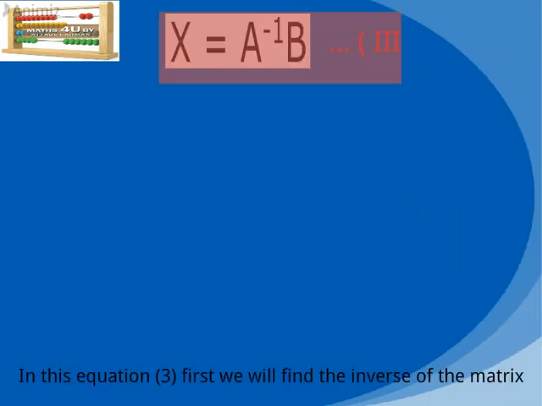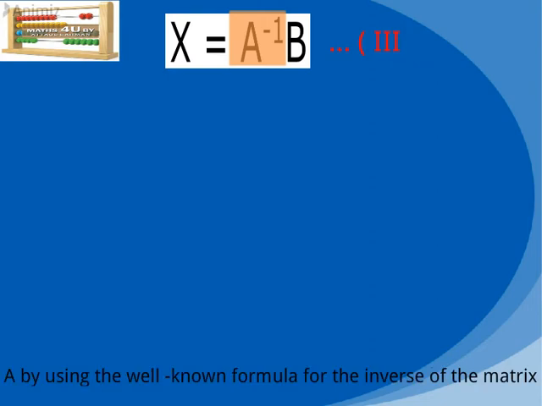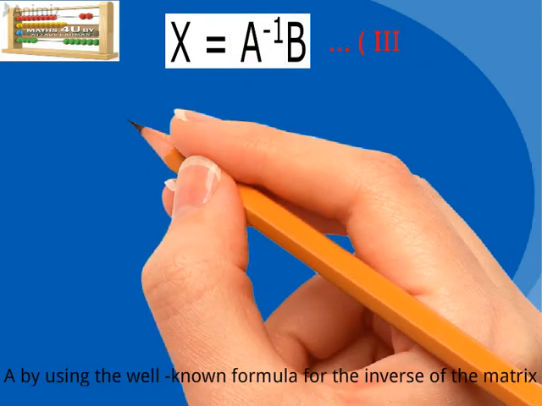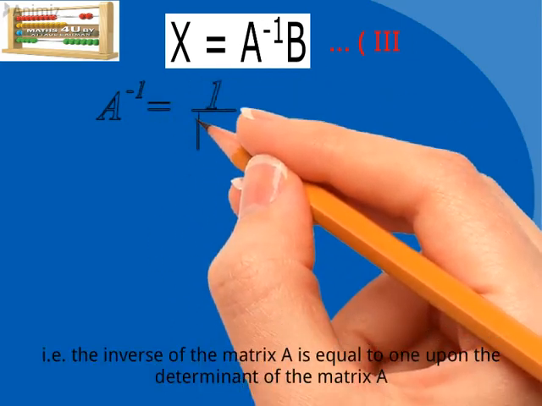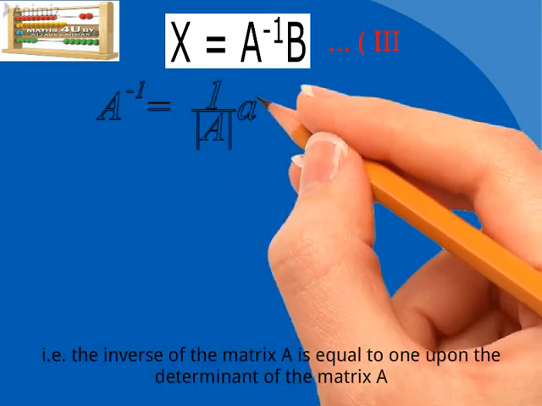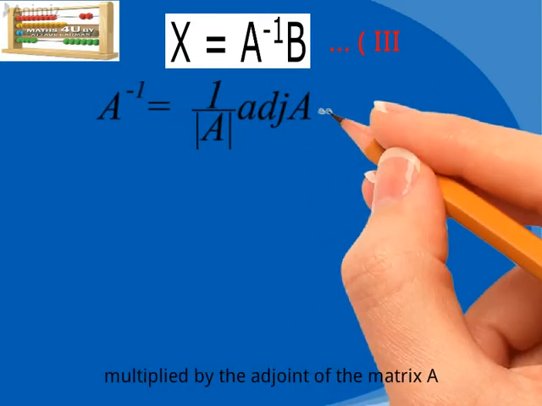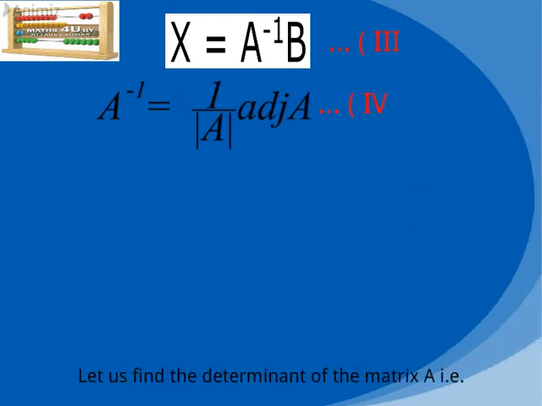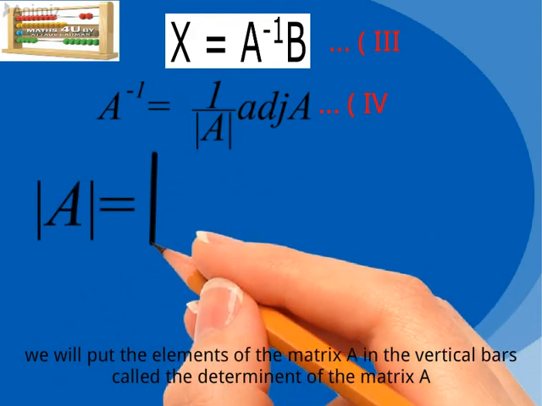In this equation 3, first we will find the inverse of the matrix A by using the well-known formula for the inverse of a matrix. That is, the inverse of the matrix A is equal to 1 upon the determinant of the matrix A multiplied by the adjoint of the matrix A. Let us find the determinant of the matrix A. That is, we put the elements of the matrix A in vertical bars.